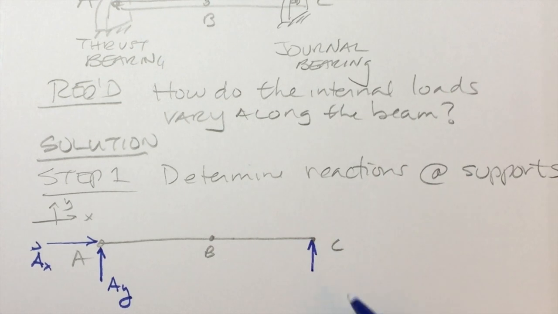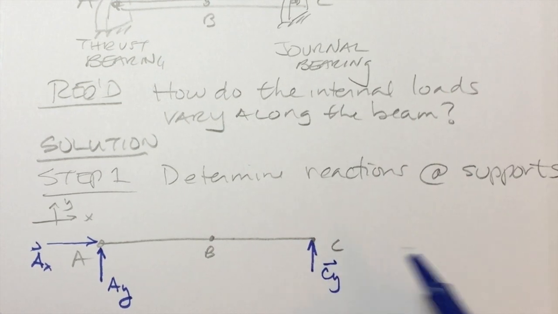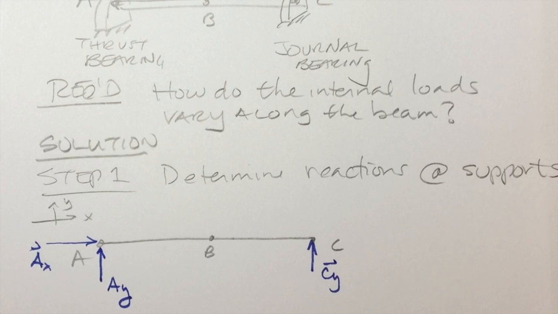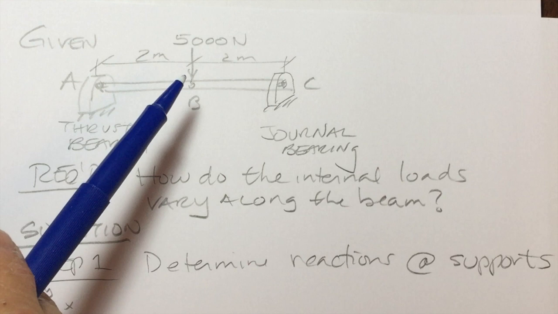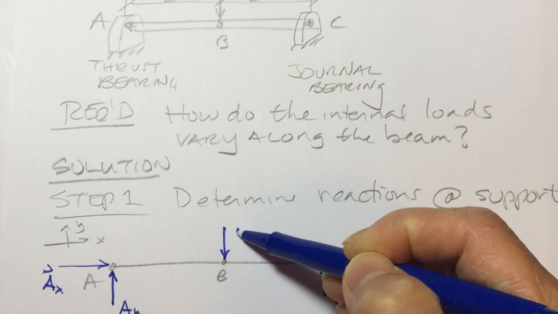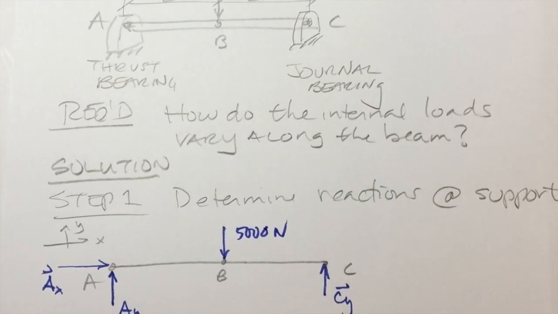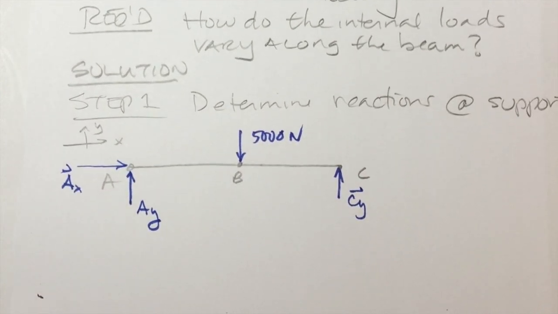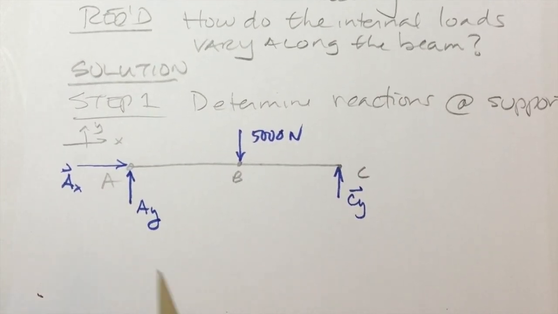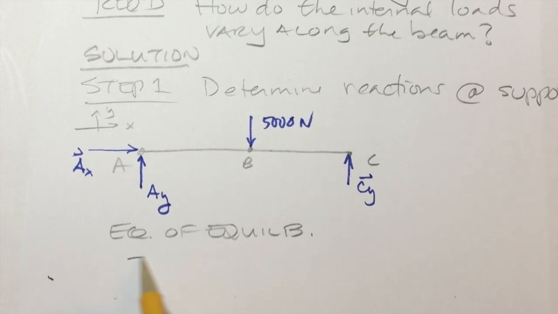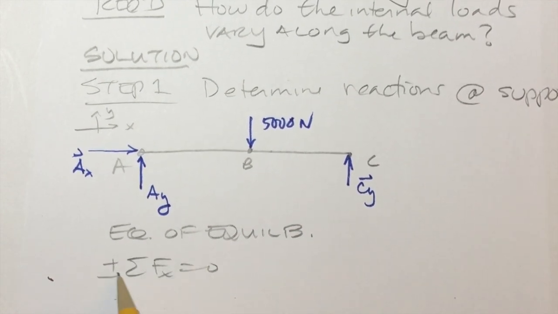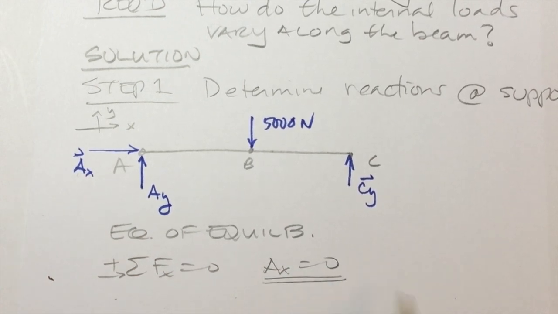So I will assume that I have a reaction CY, and of course I have to apply the external load 5,000 newtons, like that. So I apply my equations of equilibrium, and I get the following. Sum of the forces in the X is 0, so I have AX equal to 0, so that was simple.